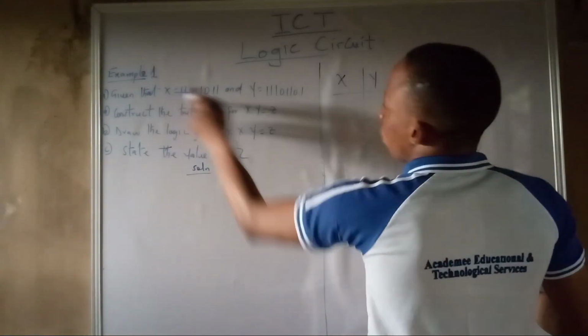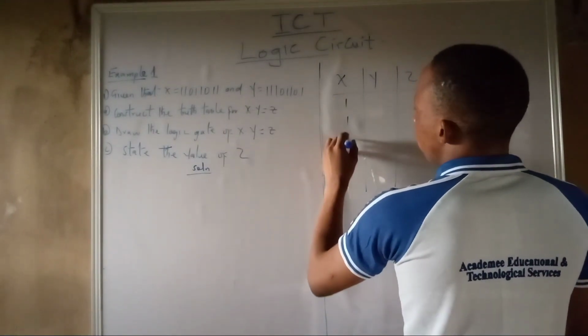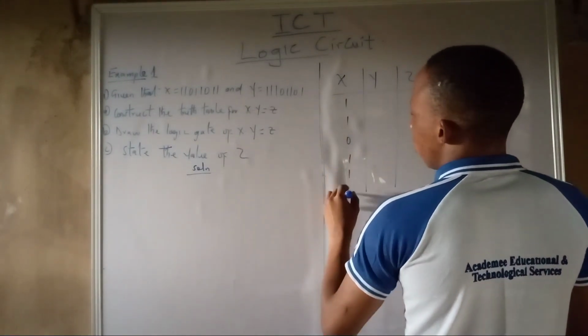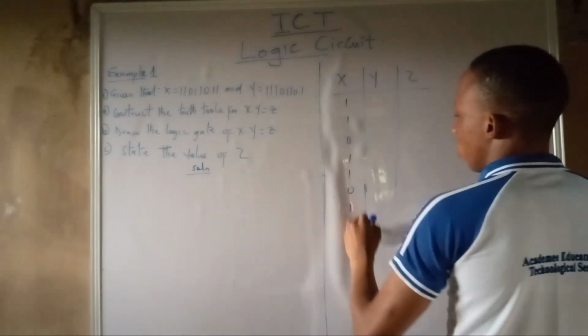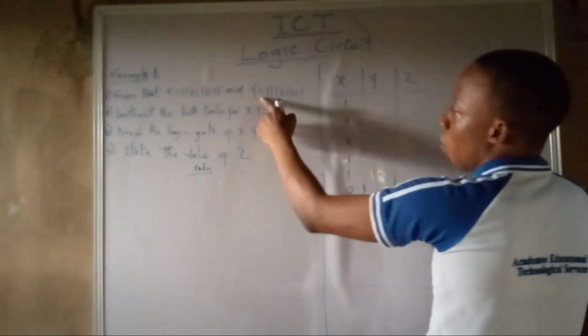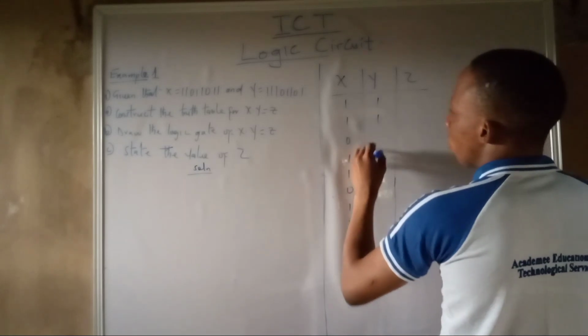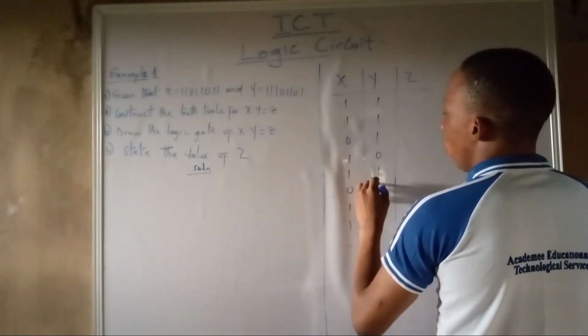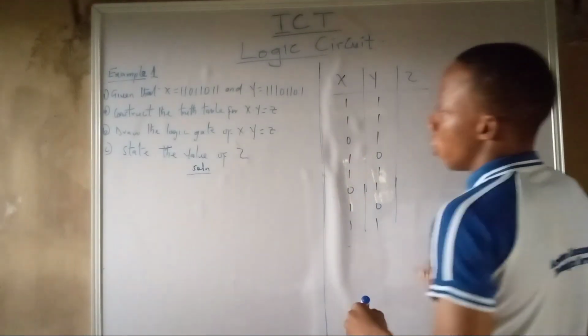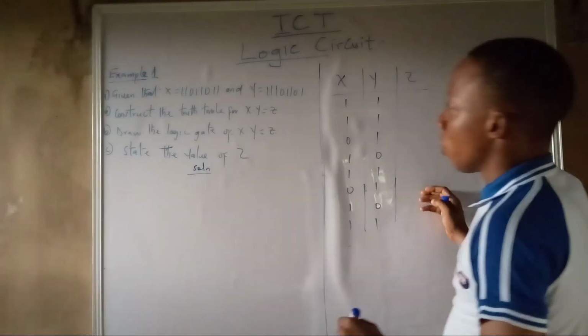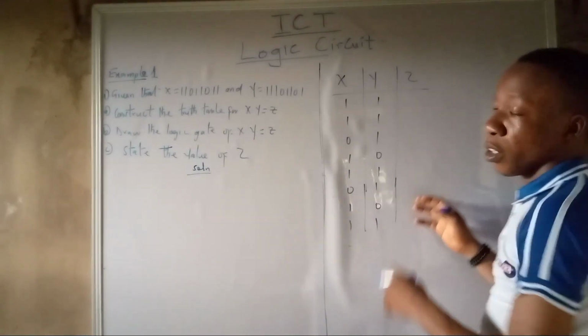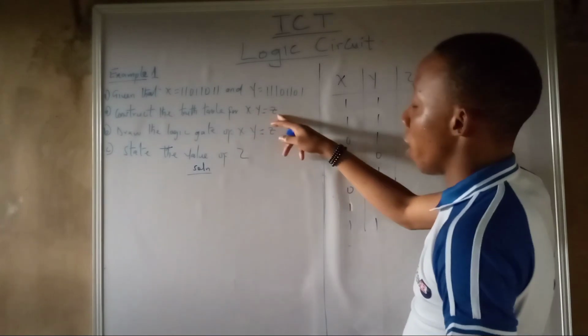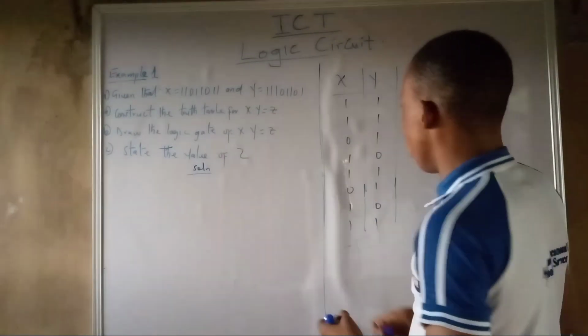So X is 1, 1, 0, 1, 1, 0, 1, 1. Your Y is 1, 1, 1, 0, 1, 1, 0, 1. We just constructed the truth table for X dot Y, and X dot Y equals Z.